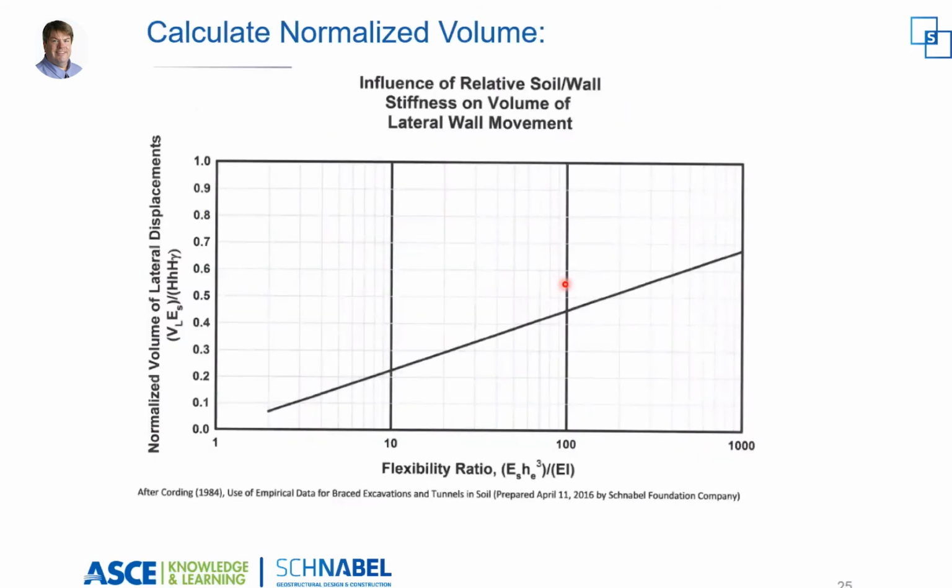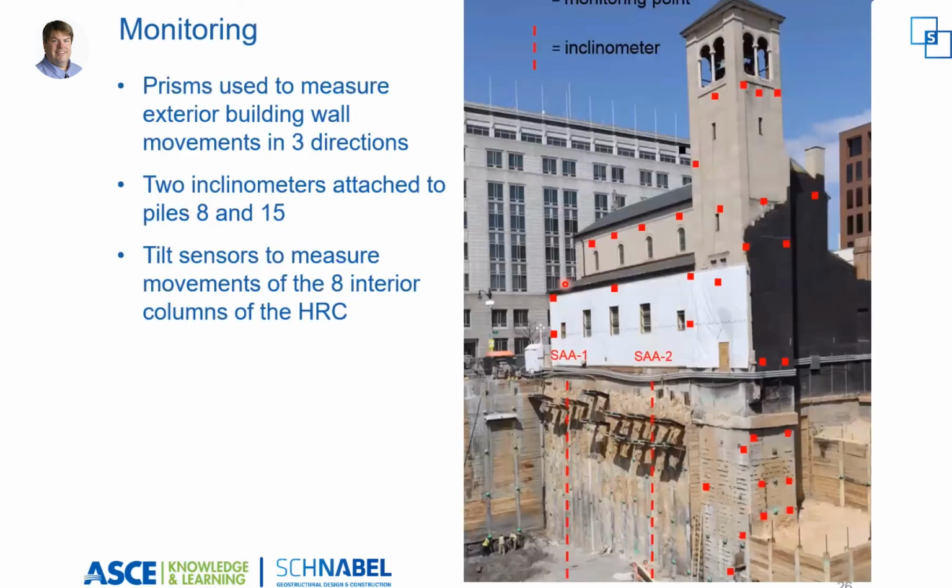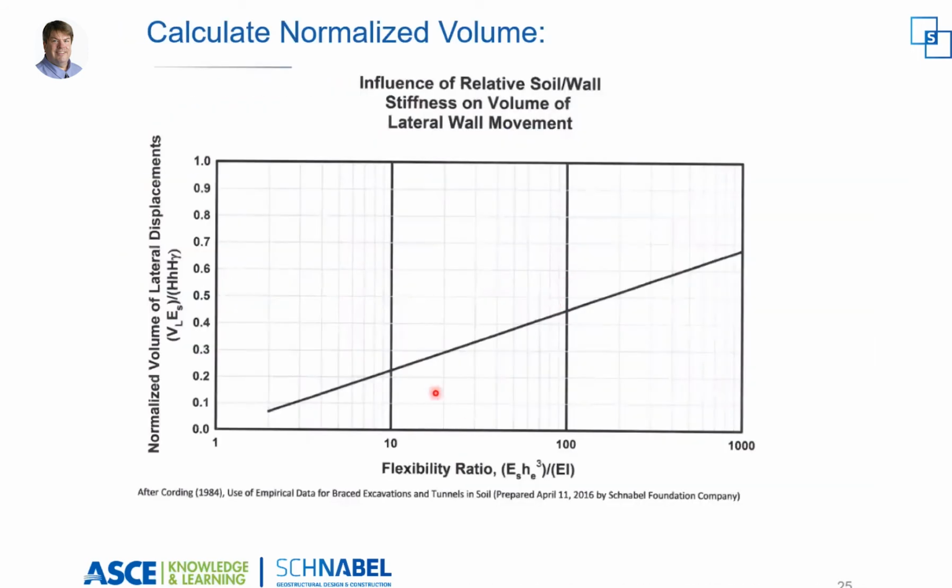So this is the relationship that we use to calculate or estimate the normalized volume from the flexibility ratio. You can see down here is the volume.